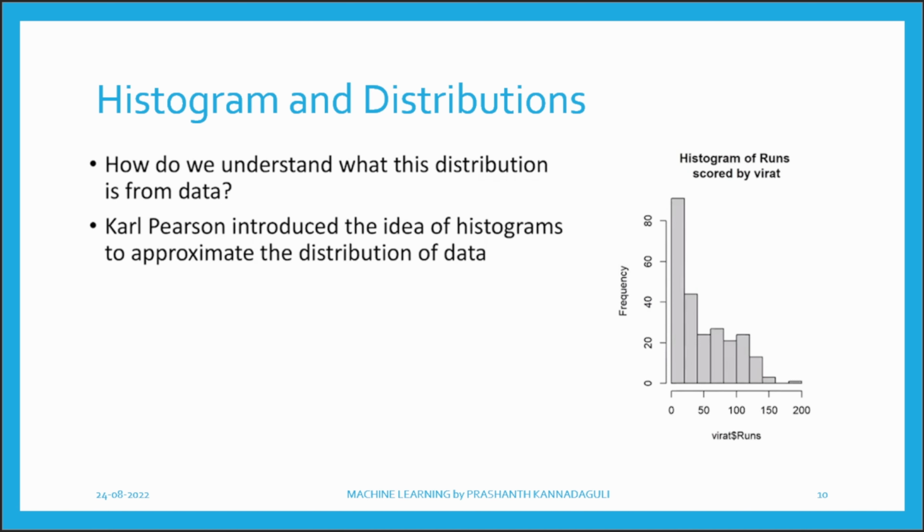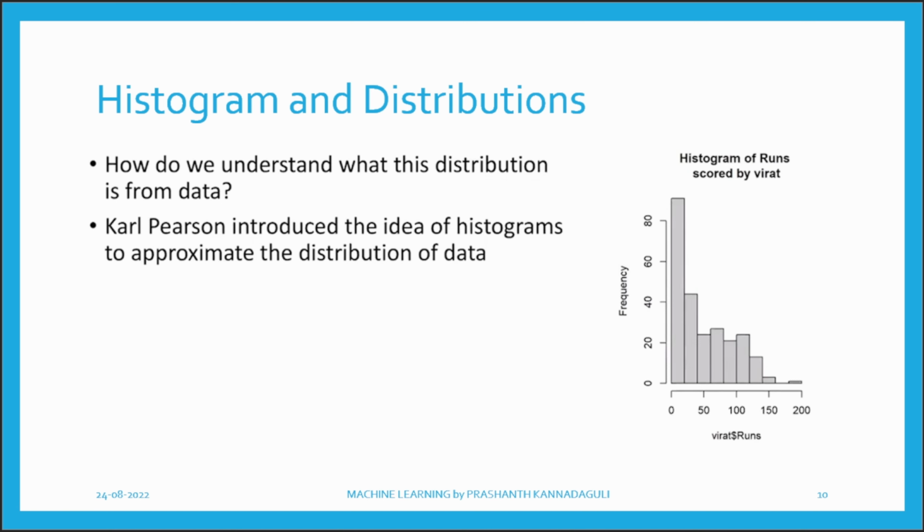So look at the vertical axis. It says frequency, which is how many times he did that. So you see, the range 0 to 50 is divided into approximately 3 pieces, each piece approximately 17 to 18. So between 0 and 17, he got out more than 90 times.